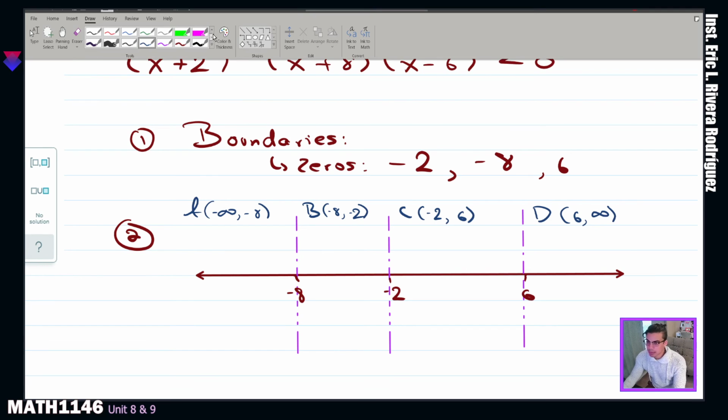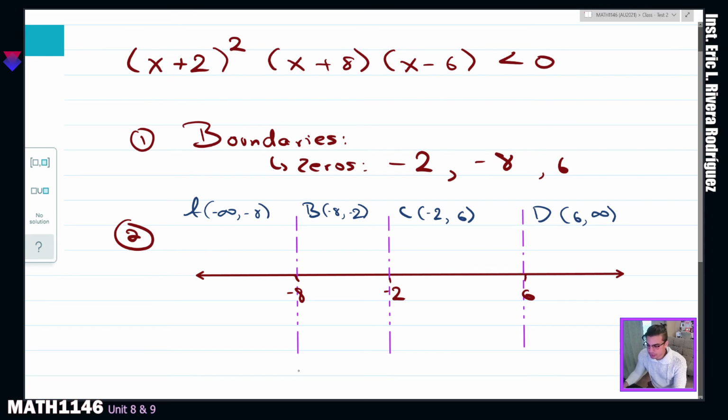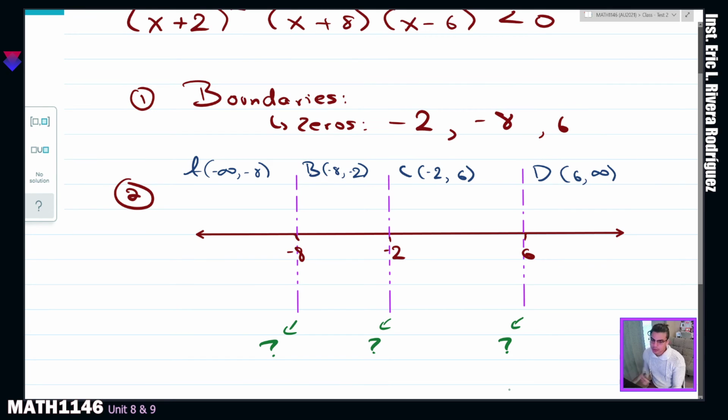I'm going to take advantage of the multiplicity of the zeros, but I want you to tell me what the behavior of the graph is at those x-intercepts. So we have 3 x-intercepts: -8, -2, and 6. What is the behavior of the graph?